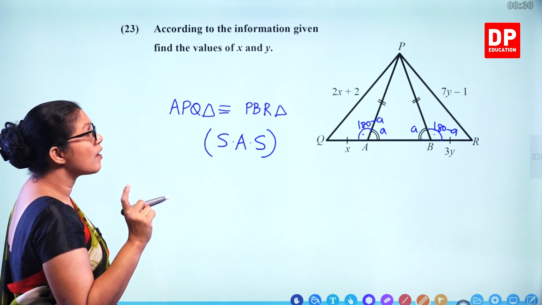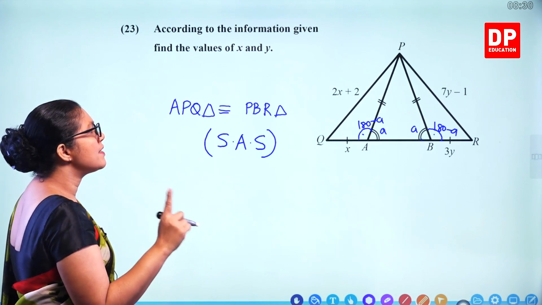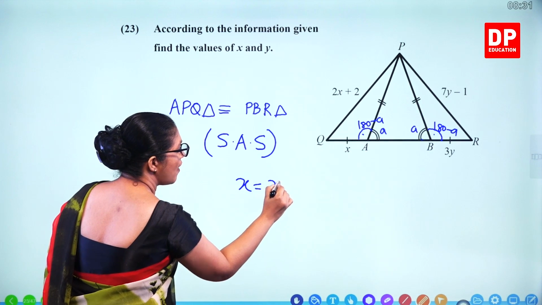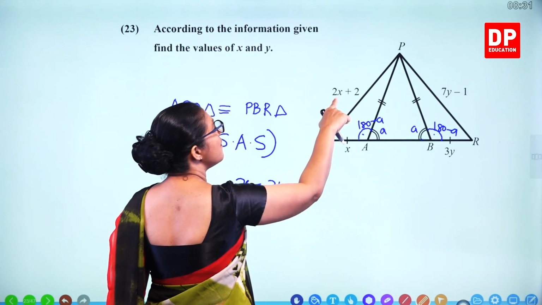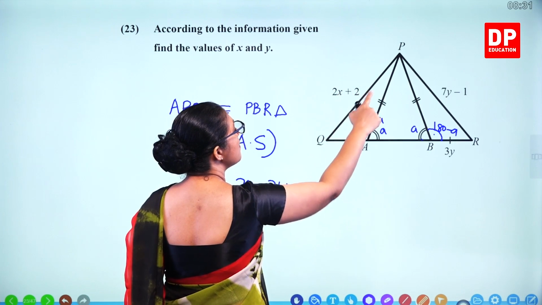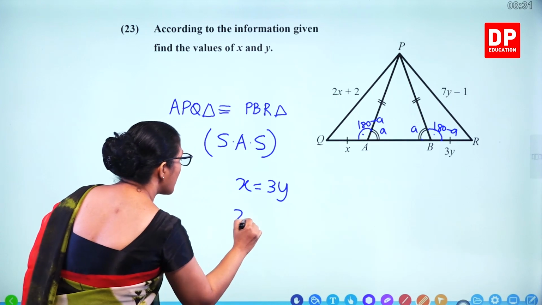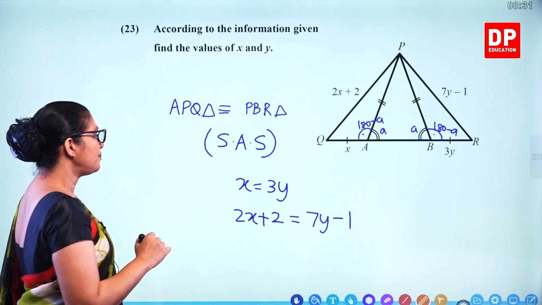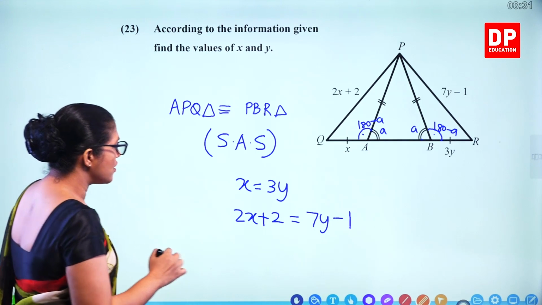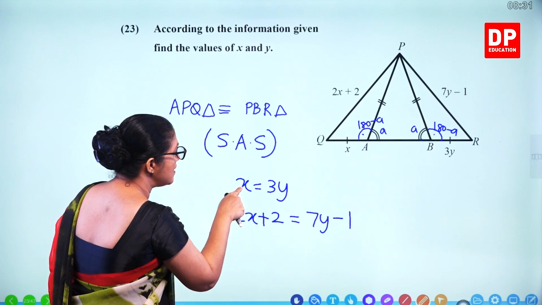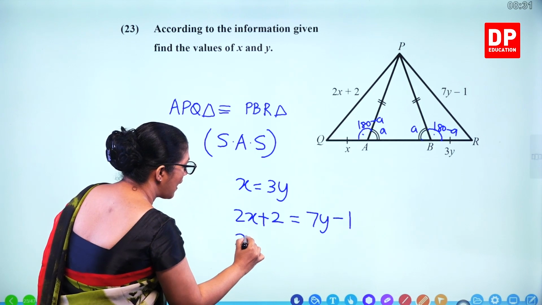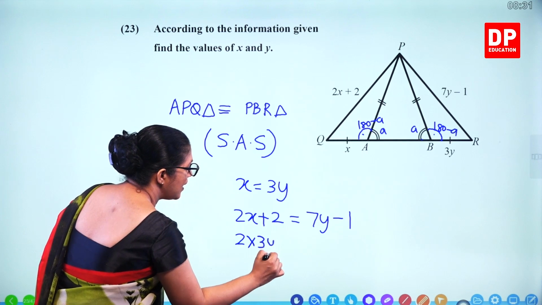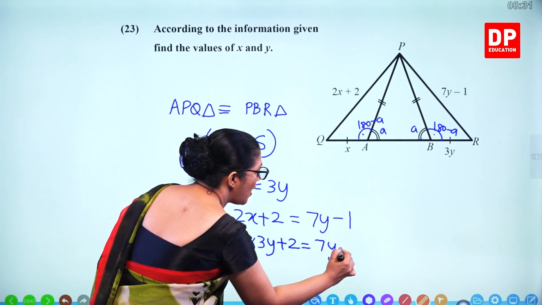If the two triangles are congruent, corresponding elements are equal. So that means x is 3y. That's already given. Then this is the corresponding element, opposite to this angle: 2x plus 2 is equal to 7y minus 1. How do we solve? Two equations. So here we can substitute 3y instead of x. 2 times 3y plus 2 equals 7y minus 1.